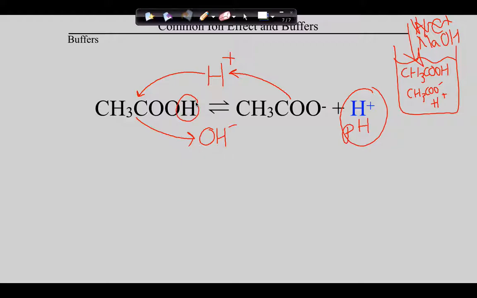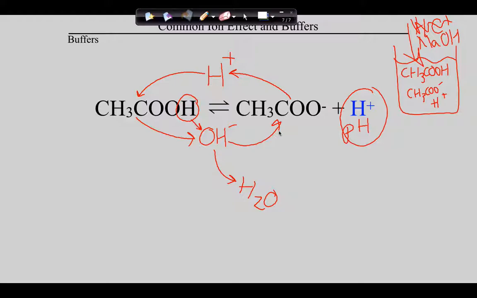And when the acetic acid gives an OH the hydrogen, what does that make? Water and acetate ion. And what happened to the concentration of hydrogen ion? Nothing. Guys, that's what makes buffers such amazing systems: buffers have got an answer to both problems.